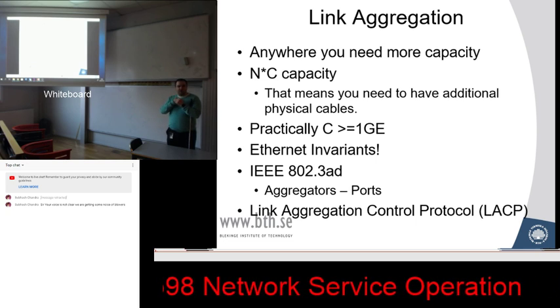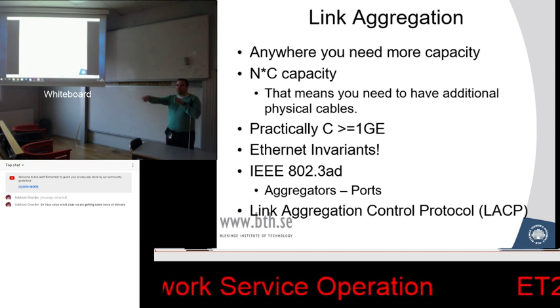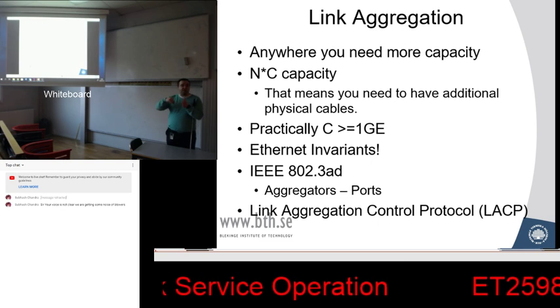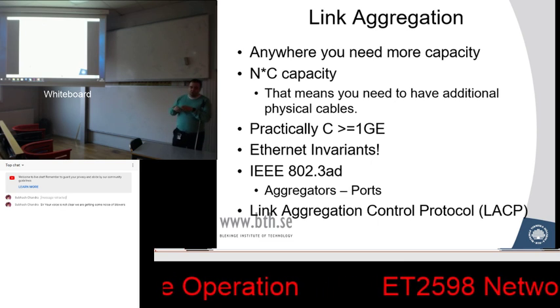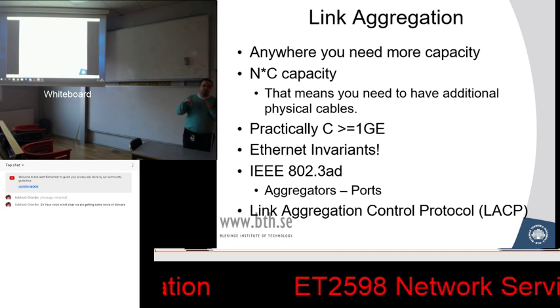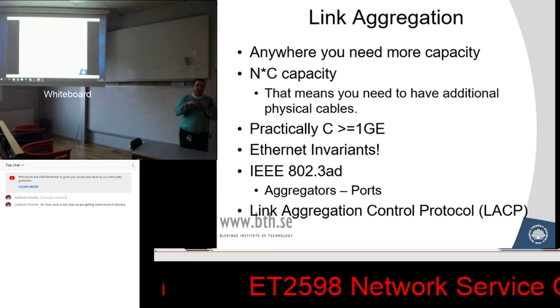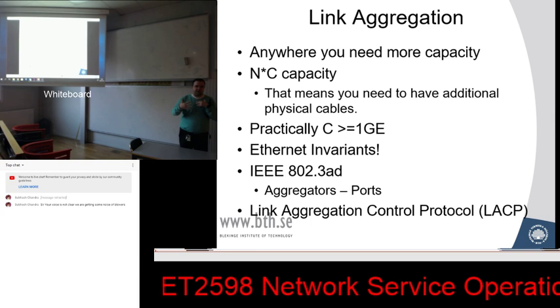A stream from A to B will always go across one pipe, but I have an additional three available, right? So I can have four streams going at the same time, but I cannot do one stream on four pipes at the same time.